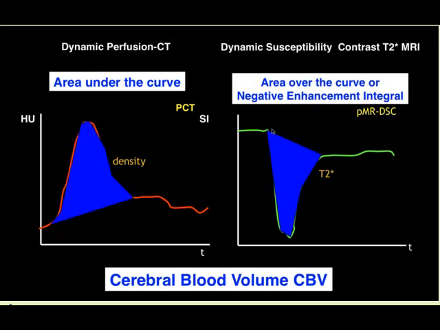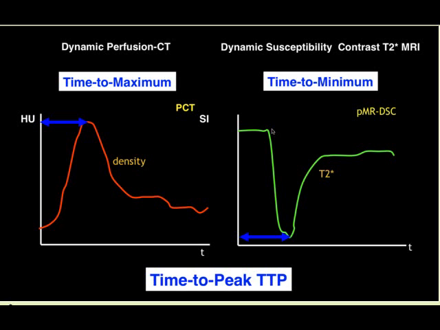And finally, if you try to characterize the time, you have different parameters that you can calculate. You can calculate the time to maximum, a time to minimum, and they also call it time to peak, depending on the manufacturer, but they always designate the same concept.